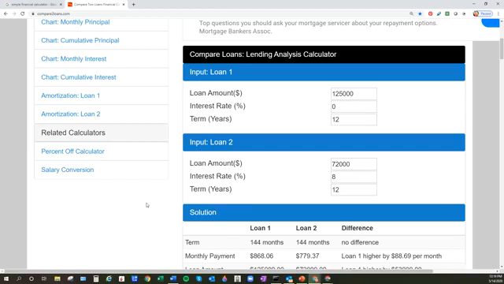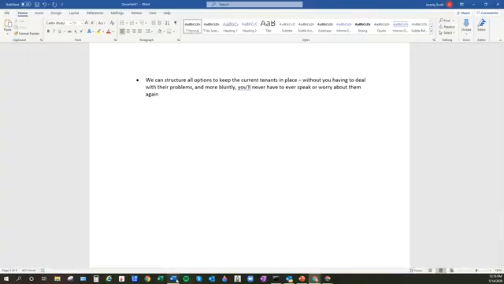So how do I do this? Again, I sat down on, okay, how do I cash flow $1,000 a month on this unit? How do I set myself up with at least $100,000 equity at the end of the term?